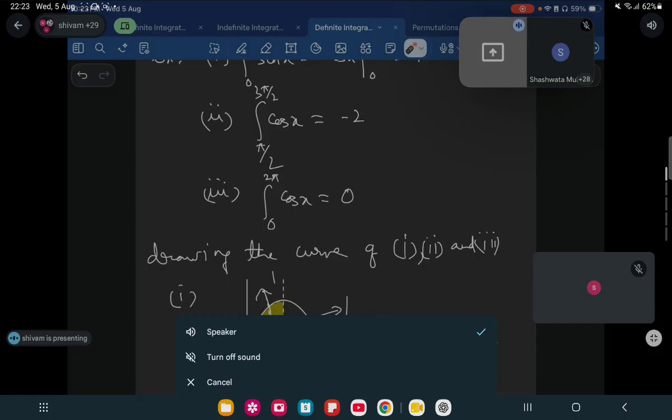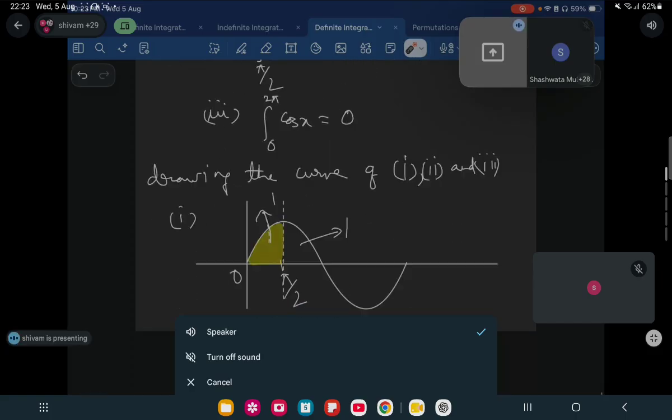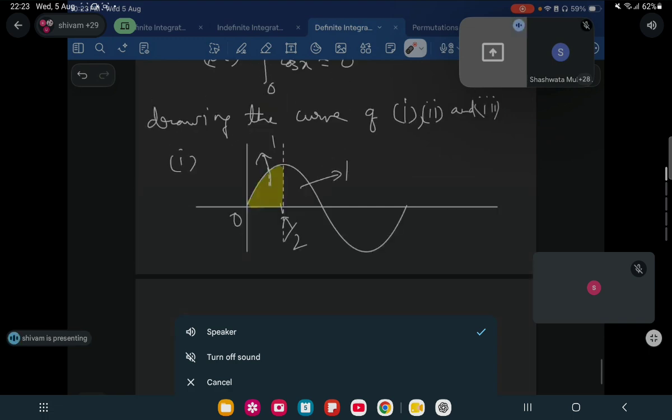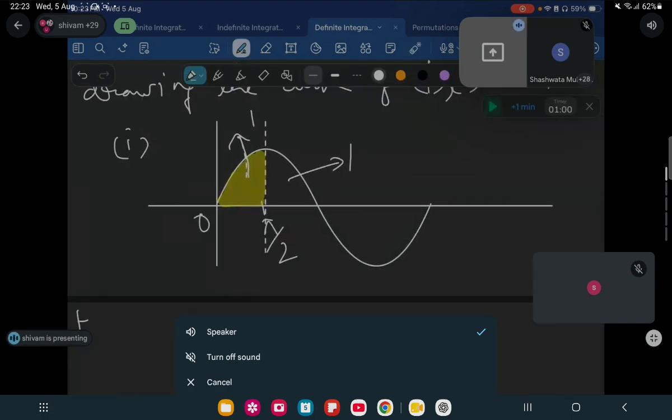Are people getting it? Next. Now over here, b minus a, I mean pi by 2 minus 0, is greater than 0. And you see, the height is also greater than 0, as we are moving from 0 to pi by 2.